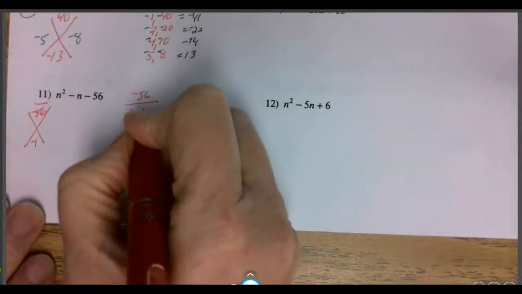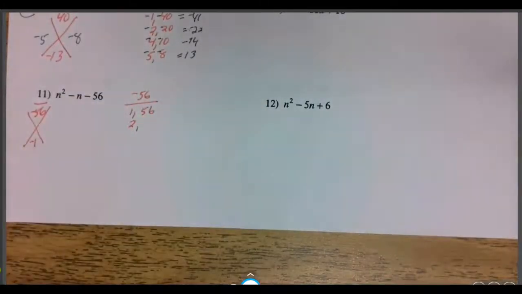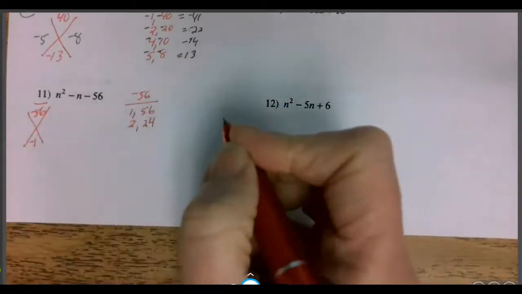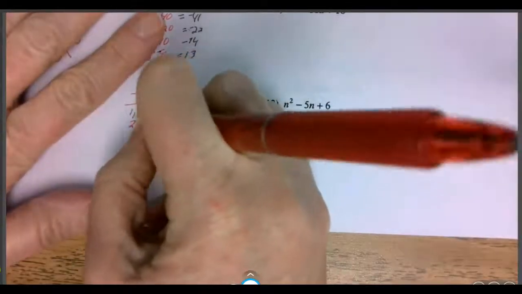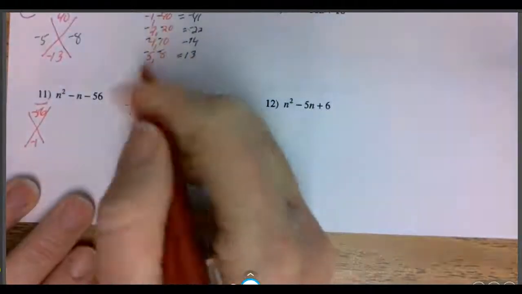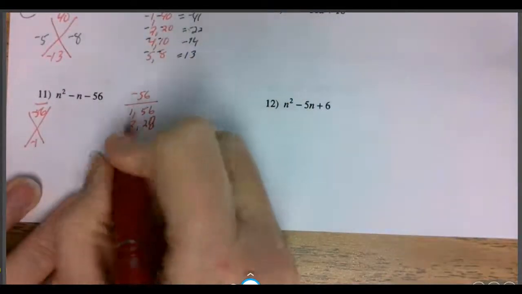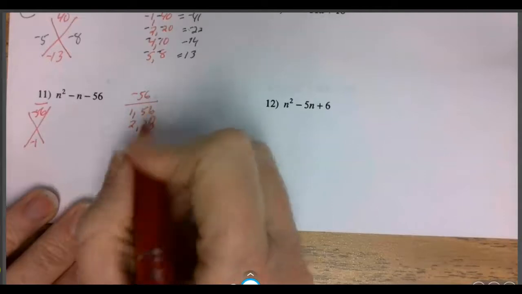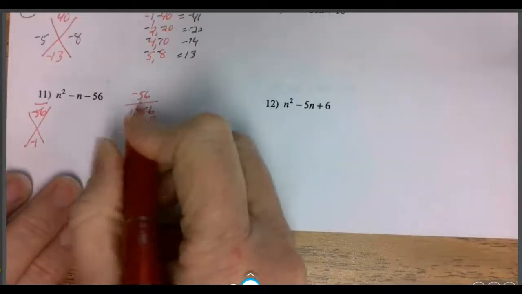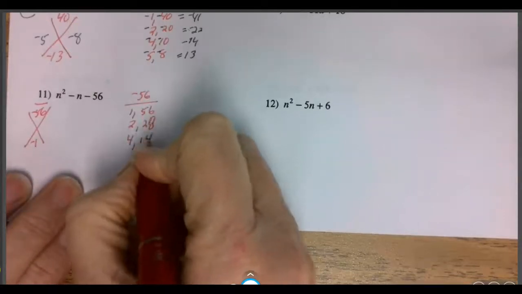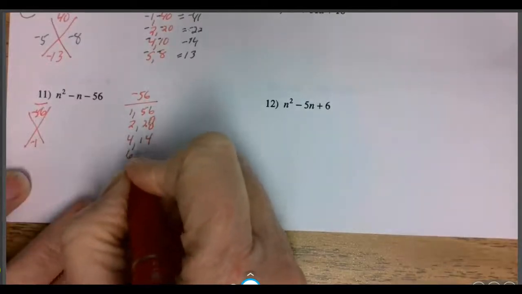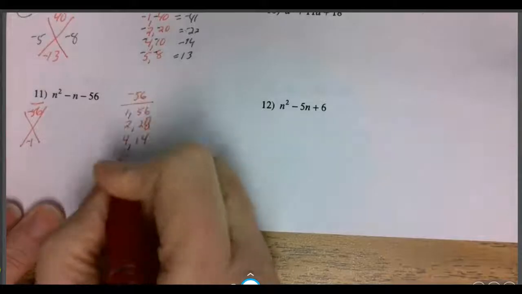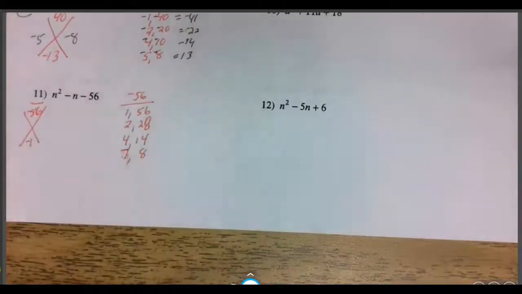Factors of 56, 1 and 56. 2 goes in 28. 3 doesn't go in. 4 goes in 14. 5 doesn't go in. 6 doesn't go in. 7 goes in 8 times. Have a calculator, makes it a little easier.